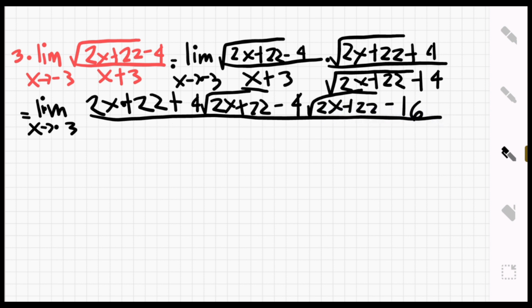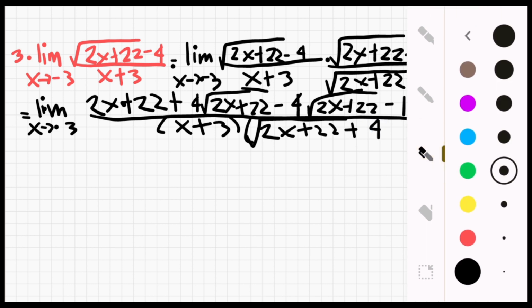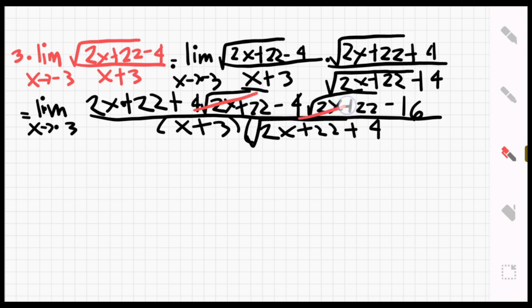All over x plus 3 times the quantity of square root of 2x plus 22 plus 4. Then cancel this out since this is 0.